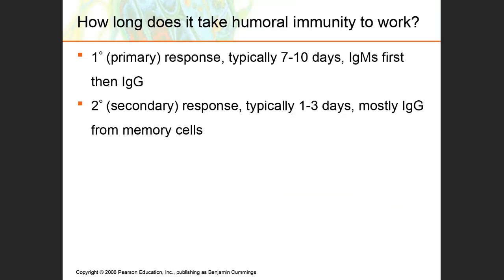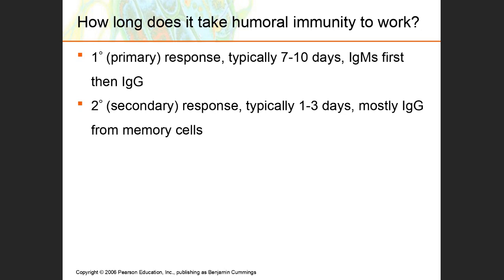So how long does it take to produce antibodies? Well, it takes a little while. It's not instantaneous. On average, the first time you encounter a brand new antigen, it takes your immune system about 7 to 10 days to start making antibodies. And remember, those are the big IgM antibodies. Later, your immune system will switch over to IgGs.